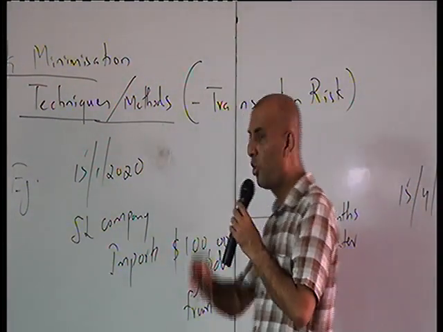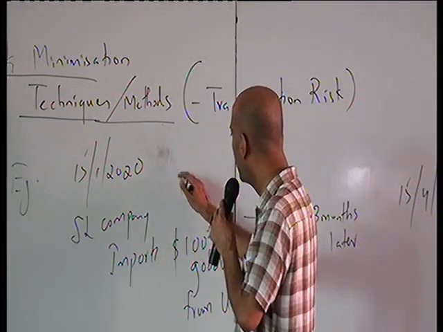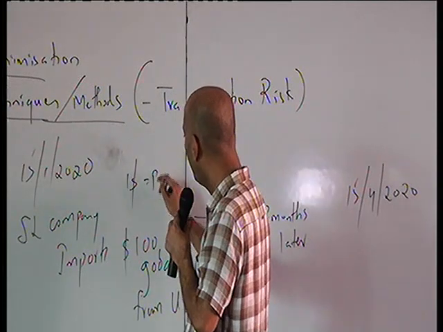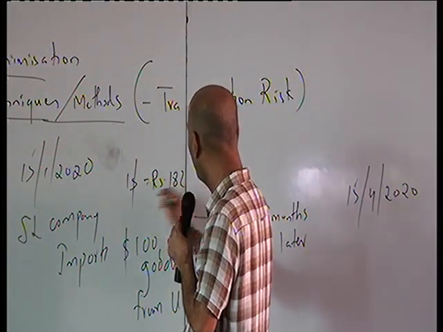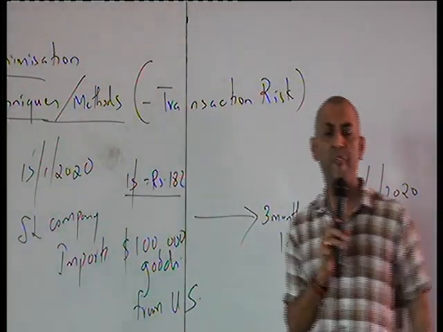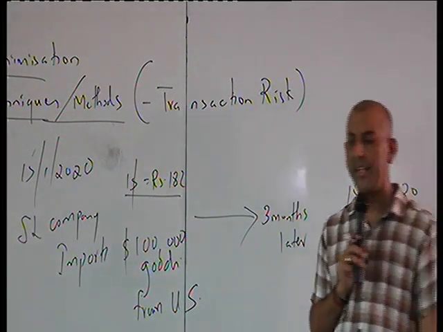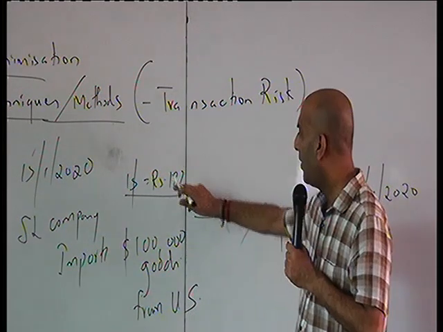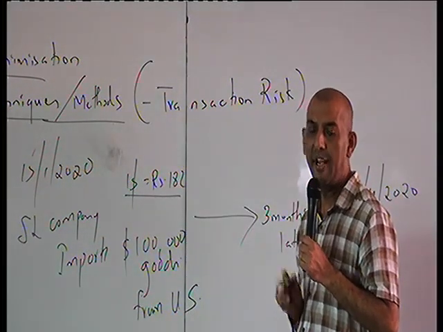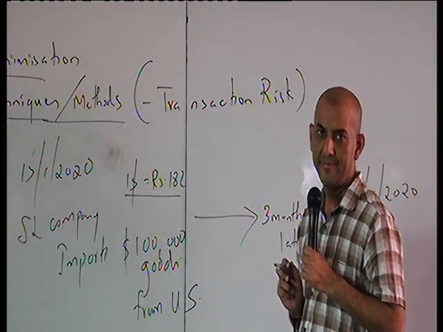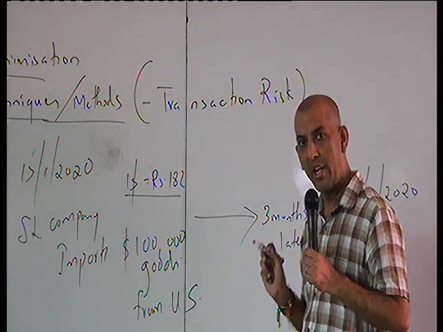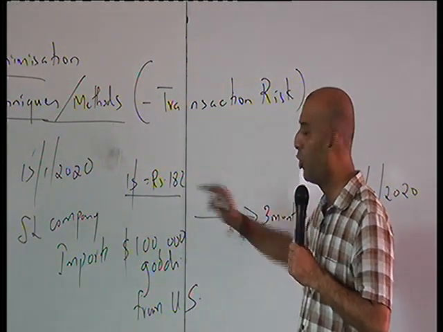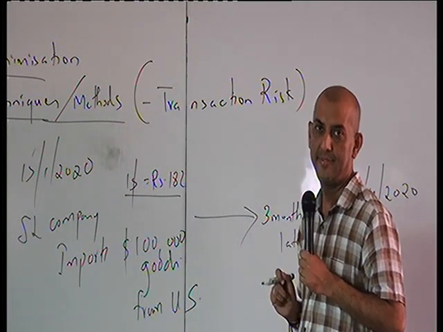When we imported goods, on that day, $1 is 182. 15th of January 2020, we are importing goods. 182 is the $1 value. So please note, $1 is worth 182 rupees on that date.